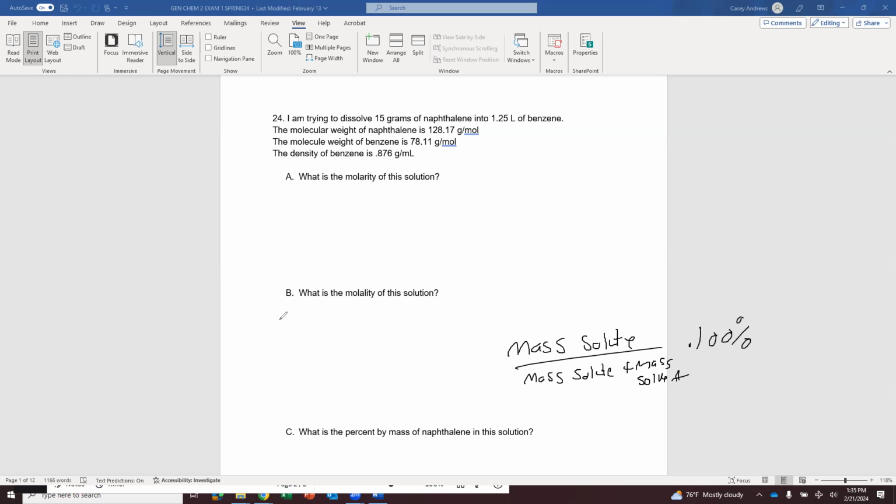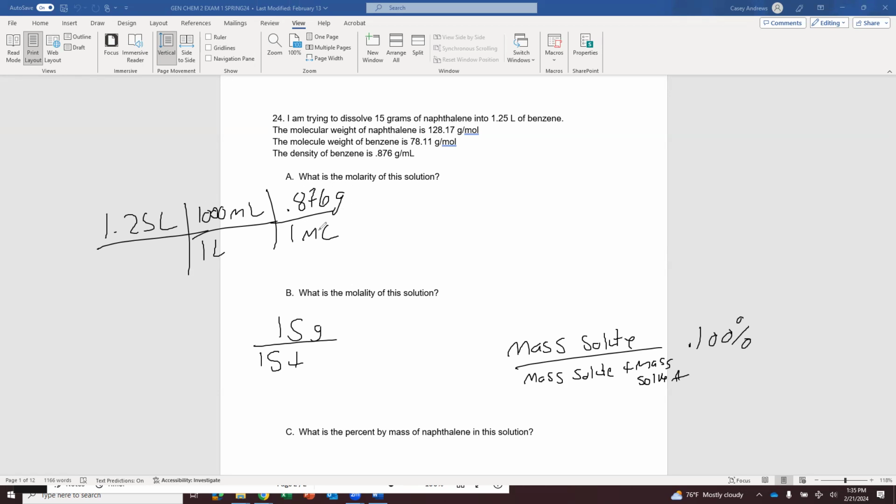So I have 15 grams of naphthalene. And that's going to be 15 plus, not have to do benzene again because I just deleted it. So 1.25 liters. For every 1 liter, that's 1,000 milliliters. For every 1 milliliter I have, that's 0.876 grams. Liters also have canceled out. So 1.25 times 0.876 times 1,000.